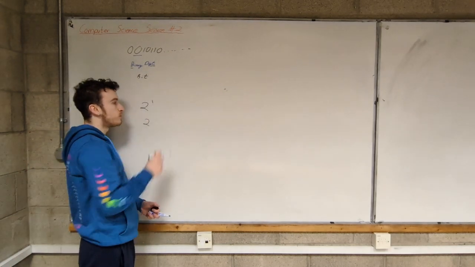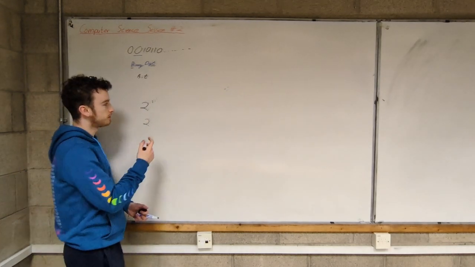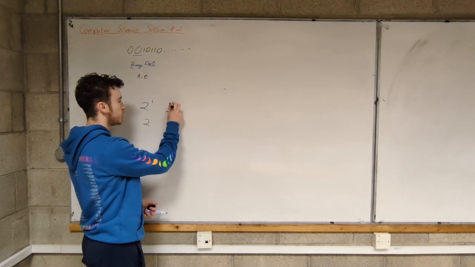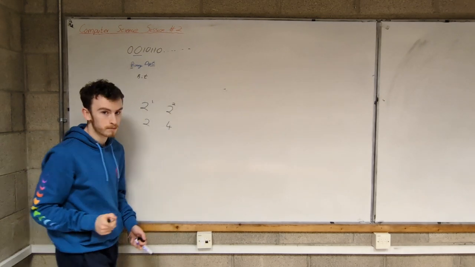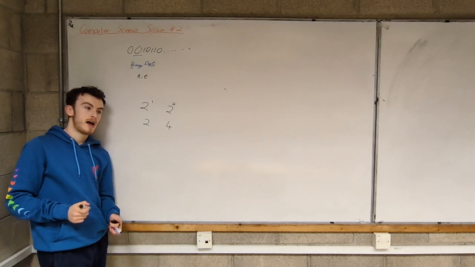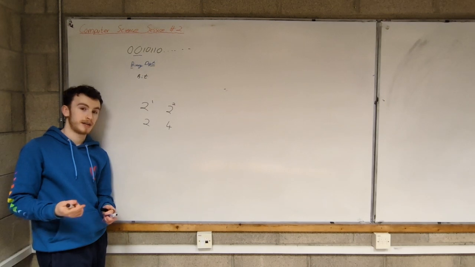Okay? If we increase the number of bits that we have, so let's say we now have 2 bits, that'll be 2 to the power of 2. That is 4 possible values that we can have.